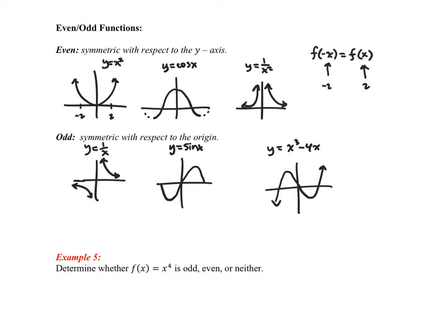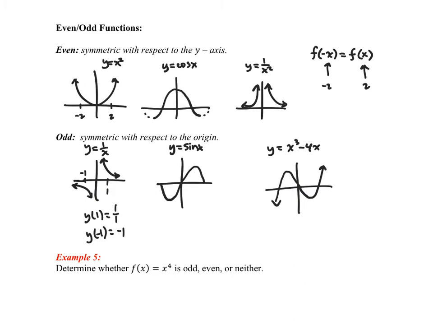In a similar manner, odd functions, like the functions given here, y equals 1 over x, y equals sine x, and y equals x cubed minus 4x, have the property that the outputs for opposite inputs, so for 1 and for -1, have opposite outputs, right? So let's say y of 1. Well, y of 1 is 1 over 1, whereas y of -1 is equal to -1.